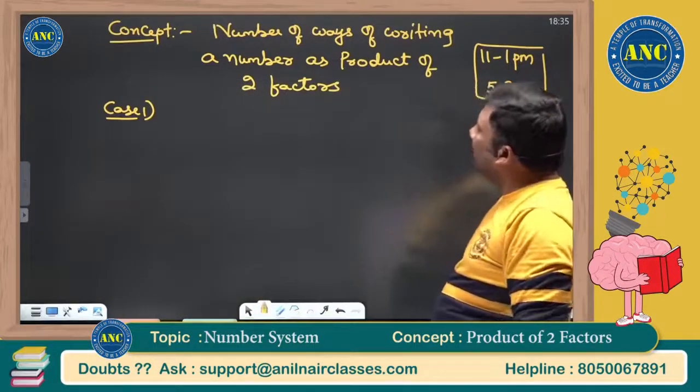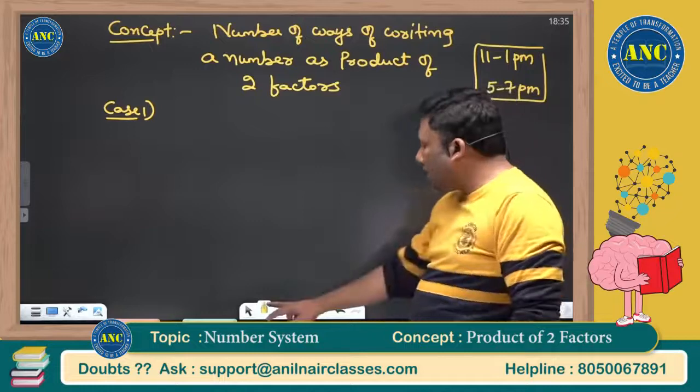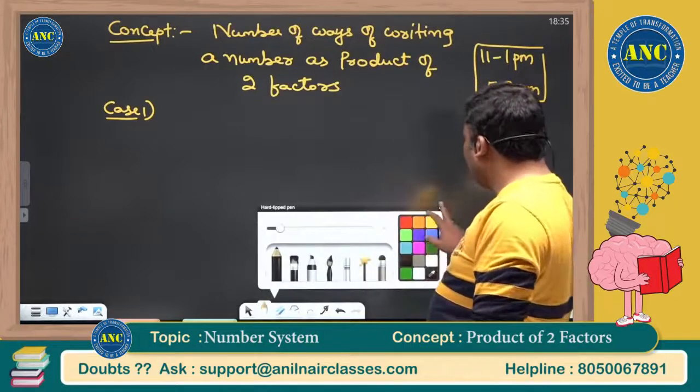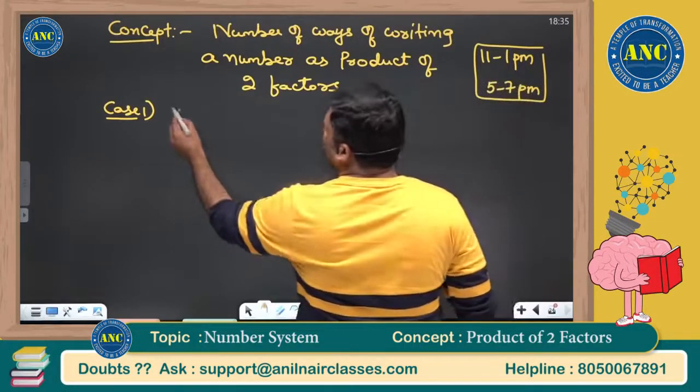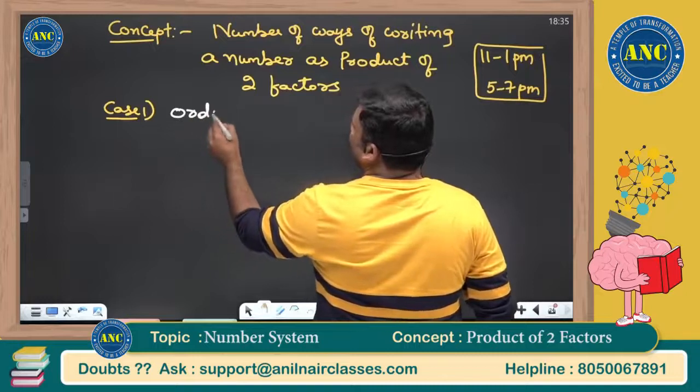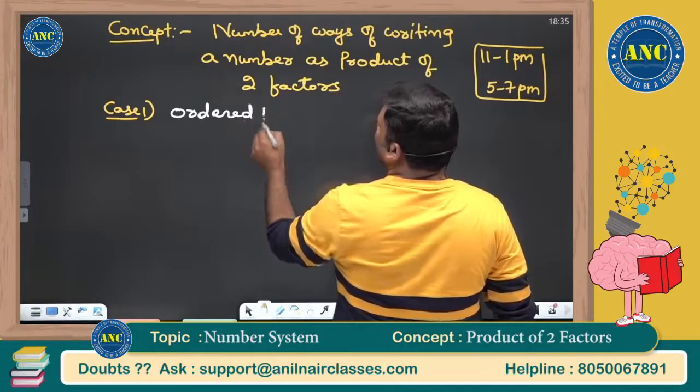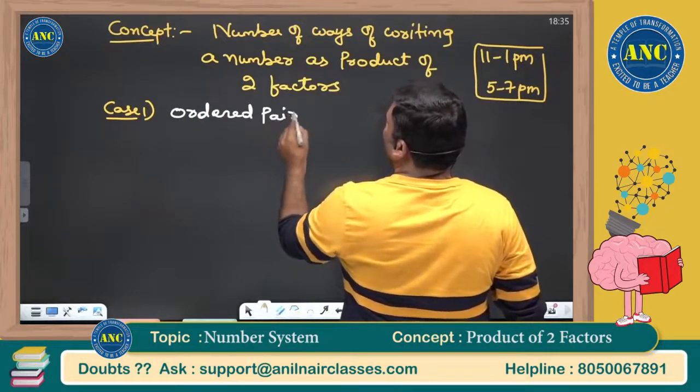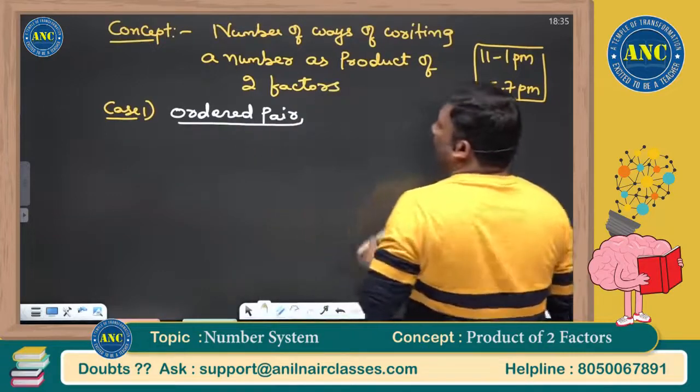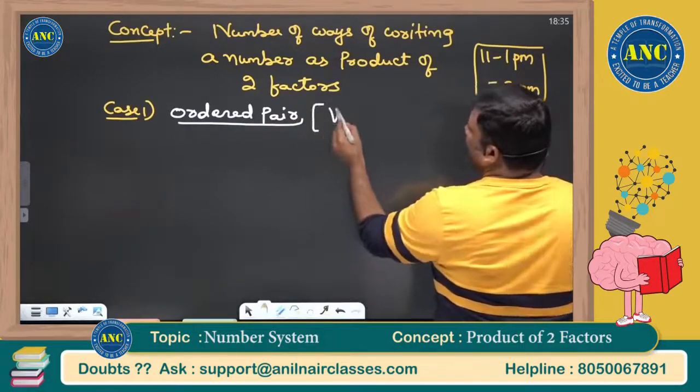Now see here. Number of ways of writing a number as a product of two factors. Case 1: it is an ordered pair. When is this case 1 used?